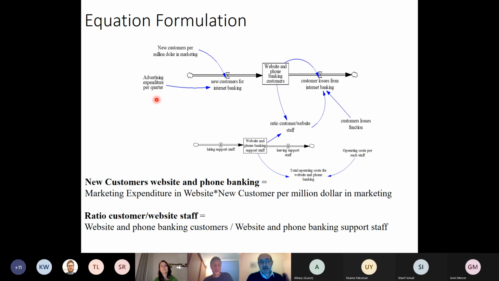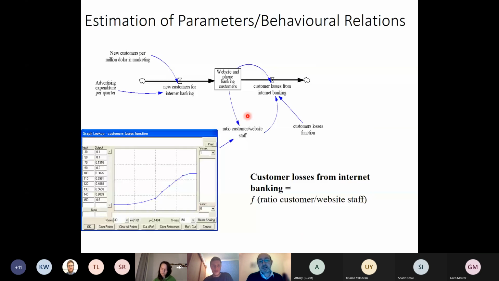Clearly it is the type of variables that you have, whether they are interdependent or independent, and the type of relationship that you have, which for some variables may be a non-linear relationship. And that's what we call estimation of behavioral relations. So this ratio, this calculation that we have here, will be a number, maybe between 30 and 150.